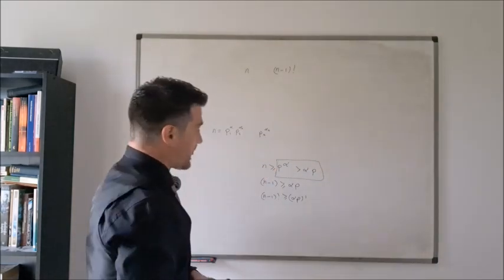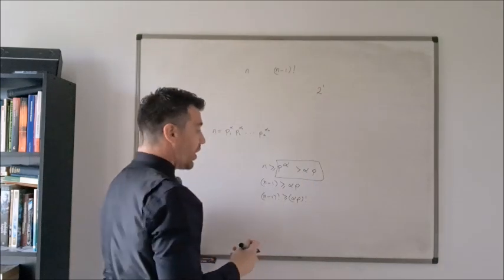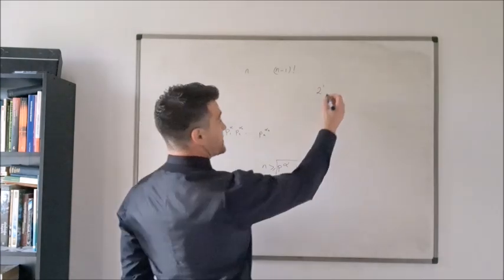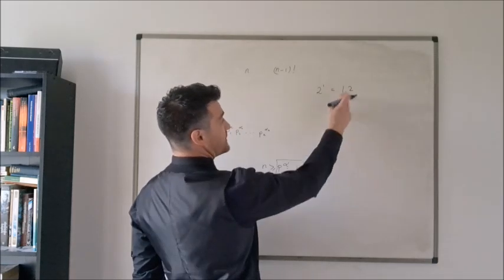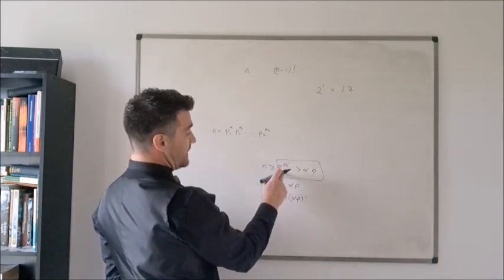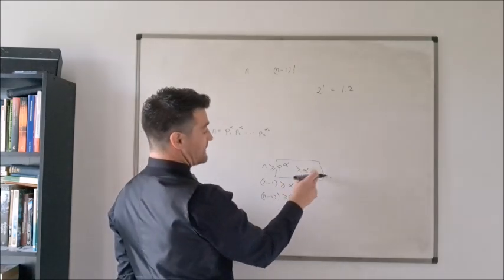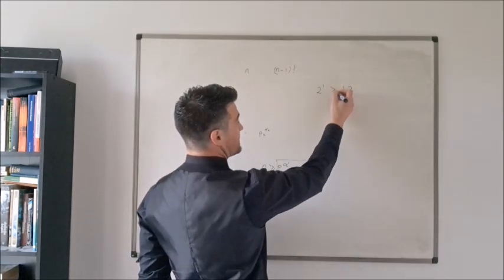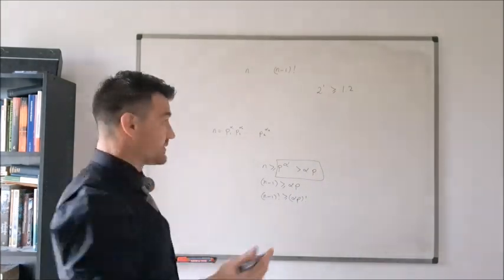So we've got a problem when it comes to, for example, 2 to the power of 1, because 2 to the power of 1 is equal to 1 times 2. Okay, so in that case, p to the power of alpha is not greater than alpha times p. It's only greater than or equal to. Okay, it's equal to, but we can still say greater than or equal to.